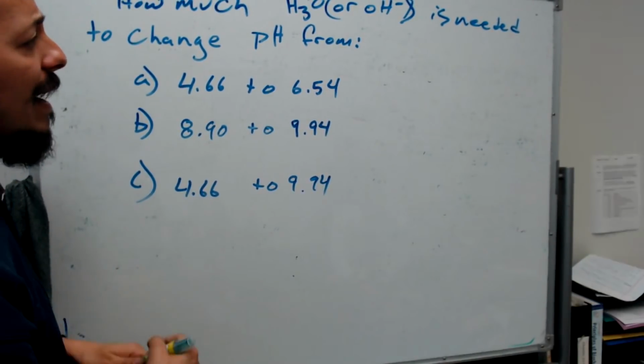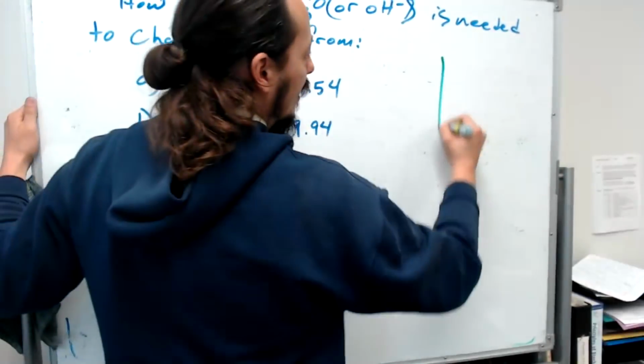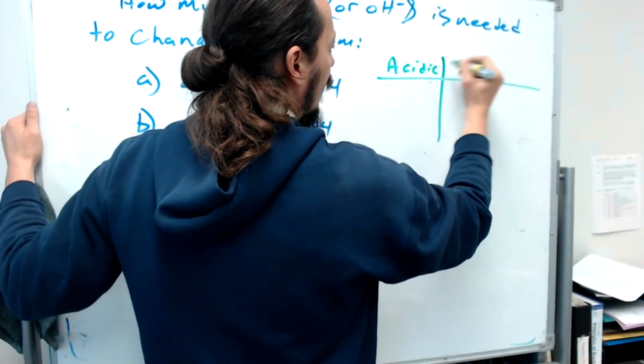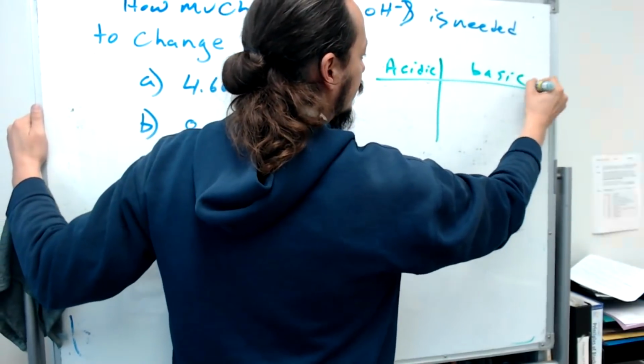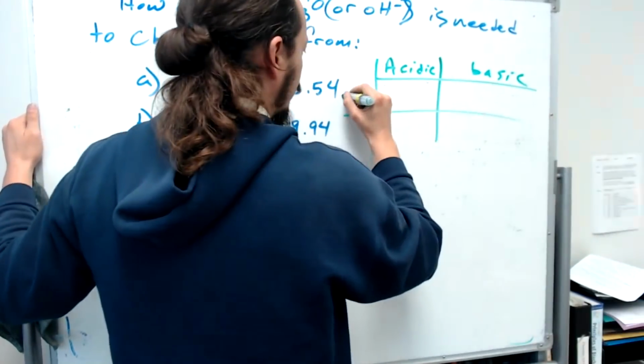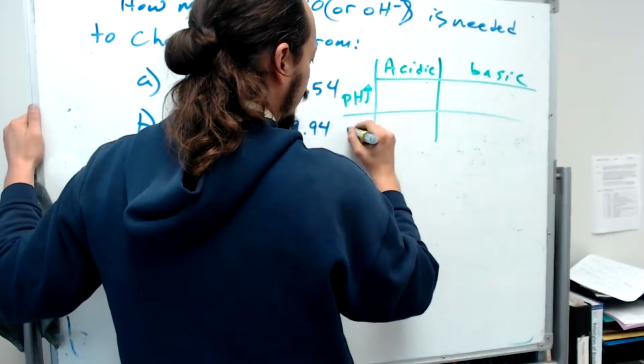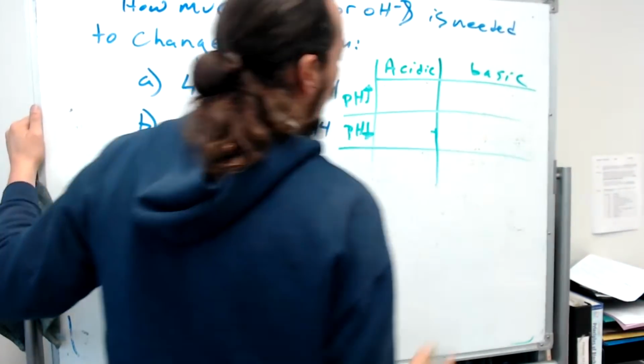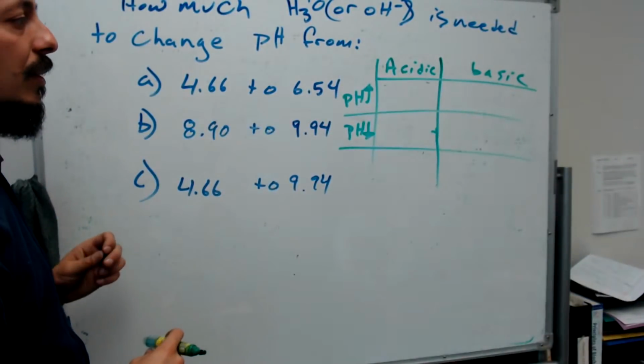And we can think about it in terms of a grid. Are we acidic? Are we basic? Is pH going up? Is pH going down?